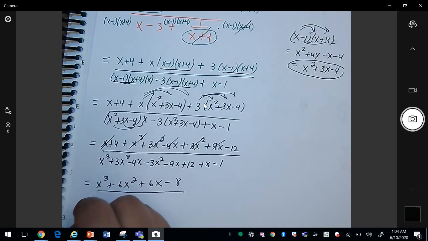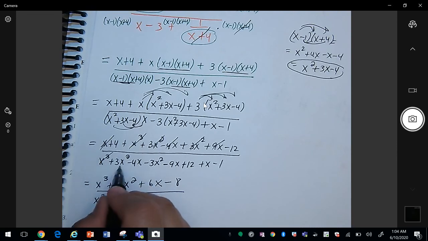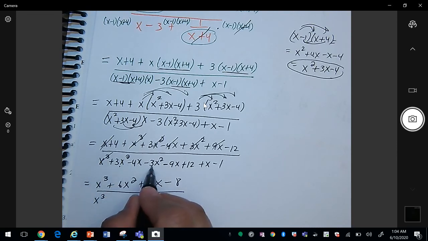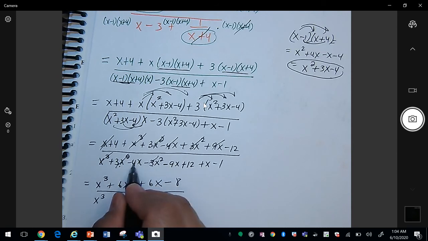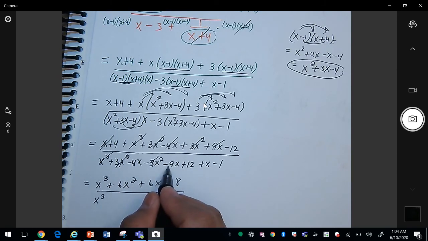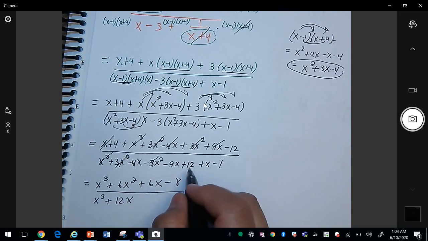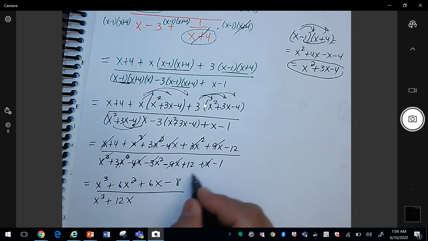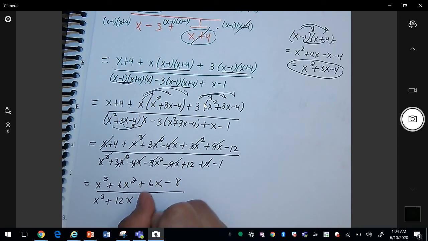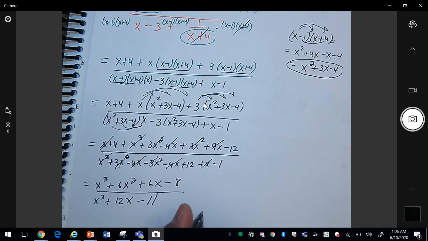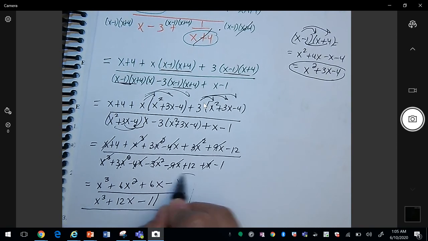In the denominator, we have x cubed, 3x squared minus 3x squared is 0. Negative 4x minus 9x is negative 13x plus x is 12x. And 12 minus 1 is 11. Okay, so this would be our answer.